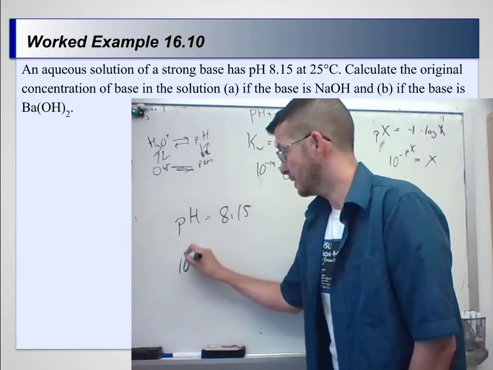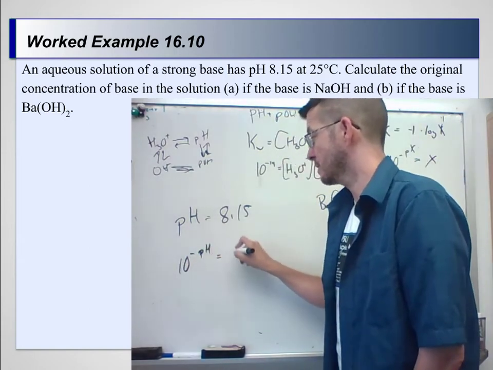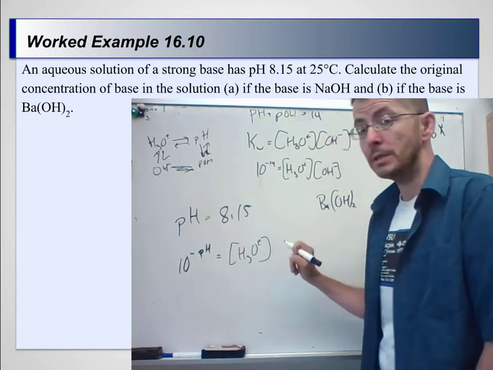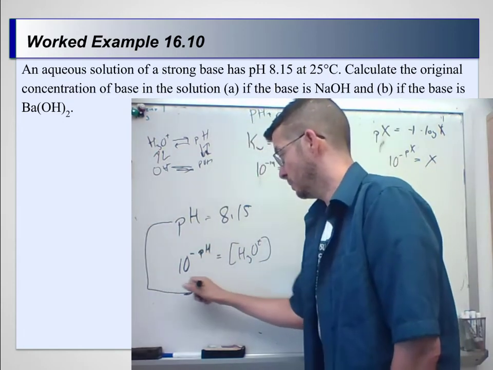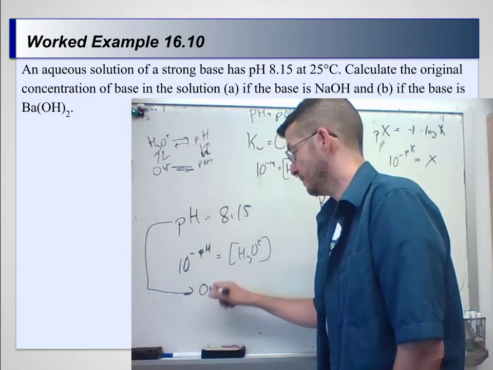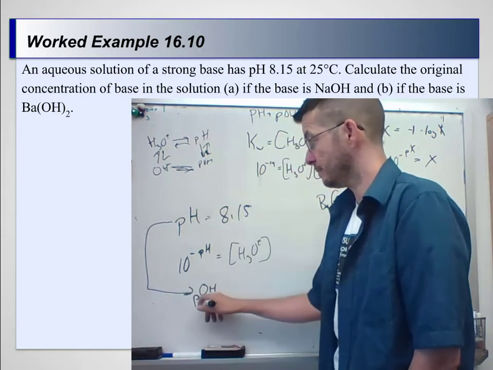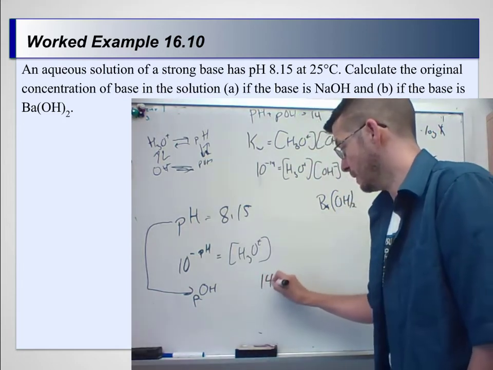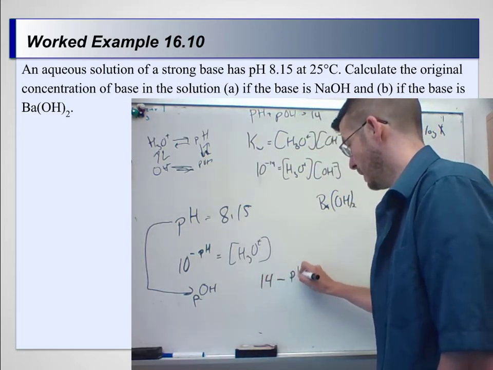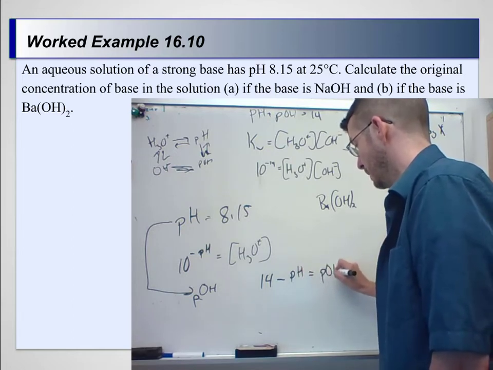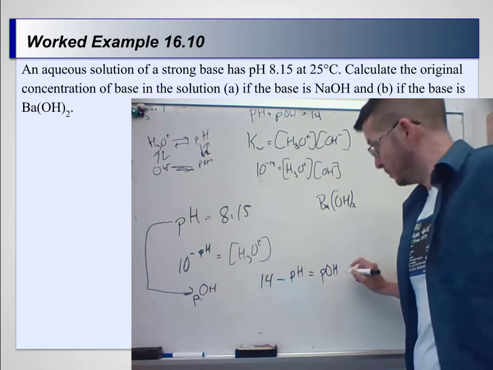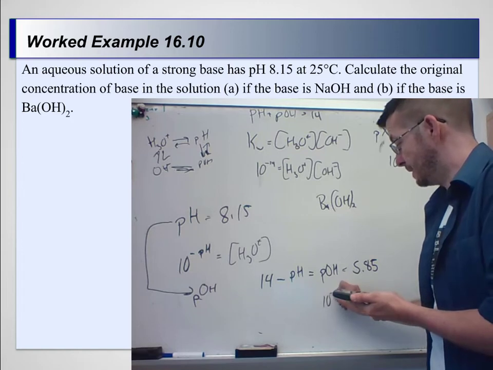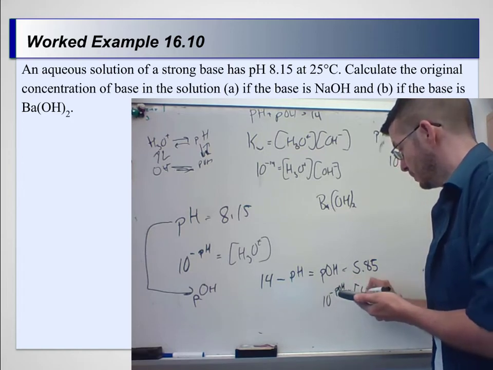So we can use 10 to the negative pH to give us the hydronium ion. Or, alternately, we can go to OH- via pOH. 14 minus pH will equal pOH, so 5.85 would be the pOH.